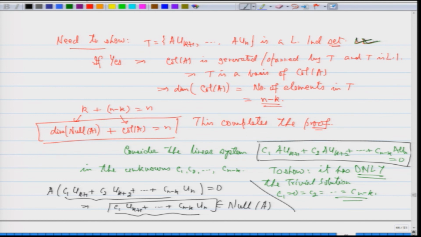We have done that, and therefore, the answer is yes. So, columns of A are generated by T and T is linearly independent. We have already shown it now. So, T is a basis and therefore, we have the result with us. Is that okay? Fine. Thank you.